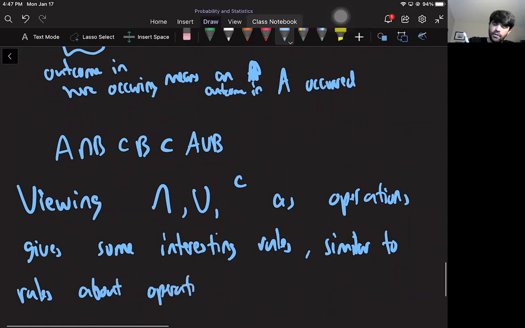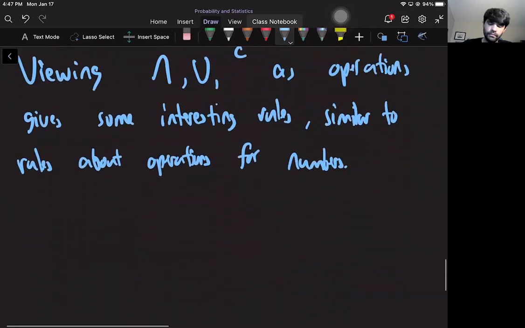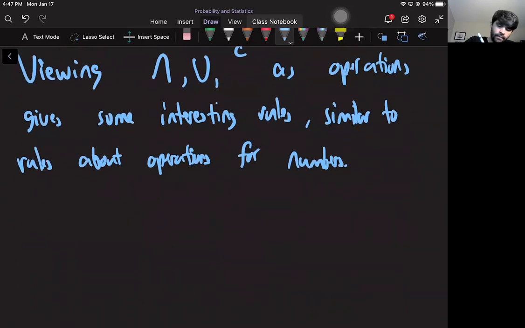So, operations for numbers. Here's one. If I want, I can take an intersection of a union. So I could say, what's B union C? And then I could intersect that with A after.